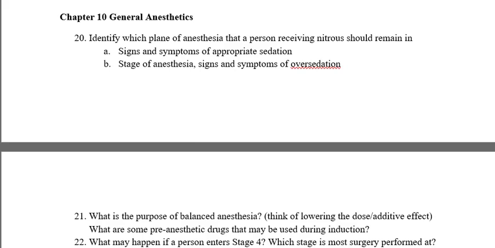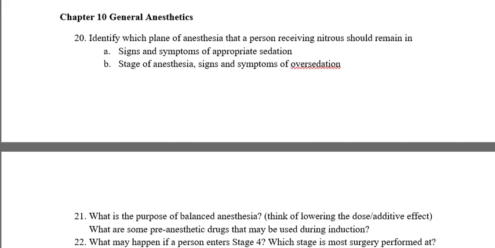Okay, what are some of the other ones? They might give you succinylcholine to help paralyze your muscles. There's a whole bunch they may give you, and there's a slide on that about the pre-anesthetic drugs. So I would be familiar with those pre-anesthetic drugs that they may give you during induction.